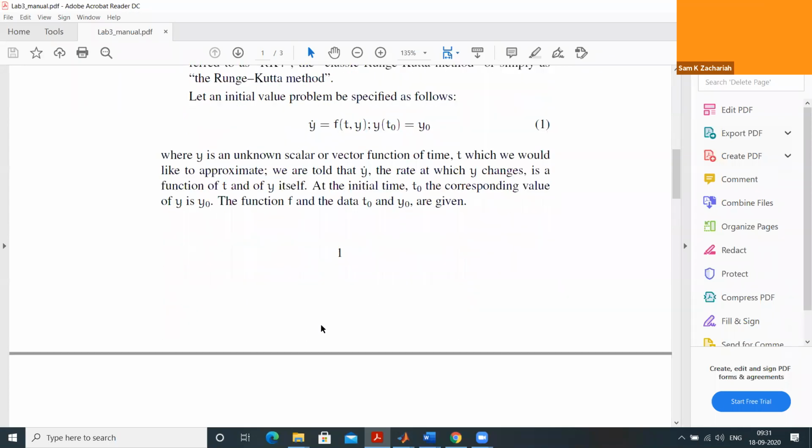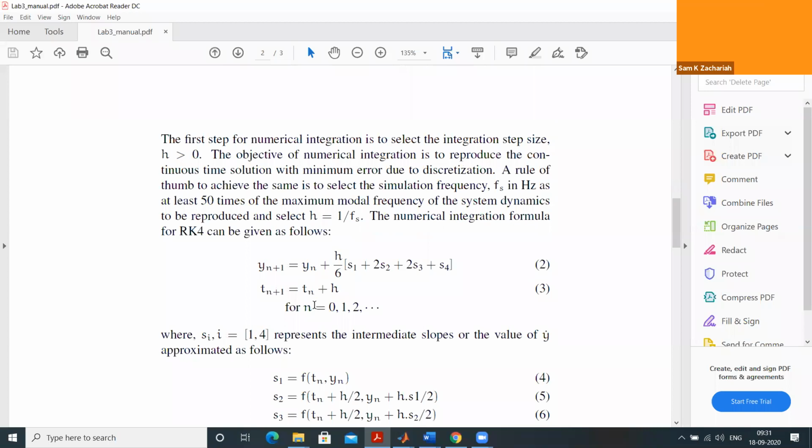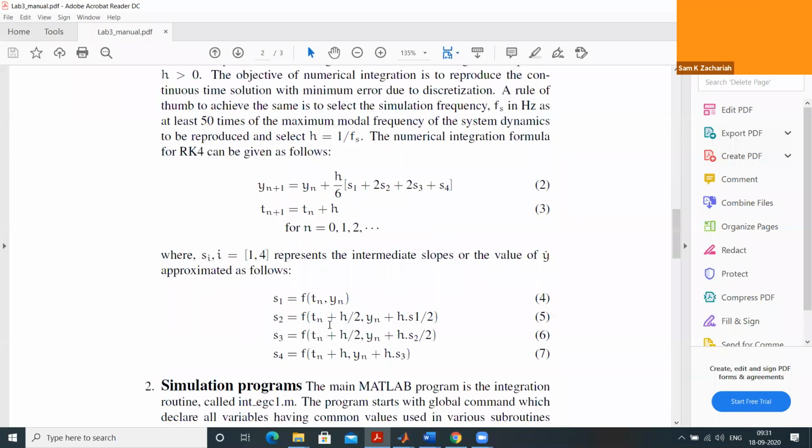Slope of y. We assume that the same slope is applicable for the next interval, say up to half of the 1 millisecond, h by 2. So what we do is we use that slope and extrapolate the value of y, say yn plus h into s1 by 2.